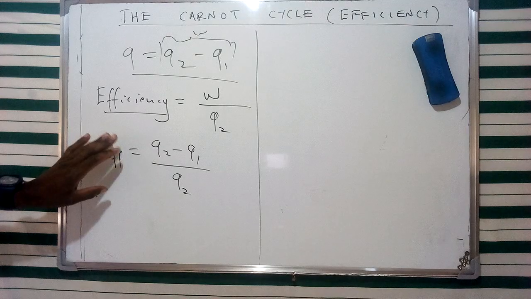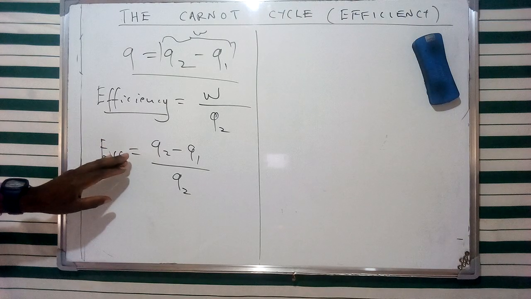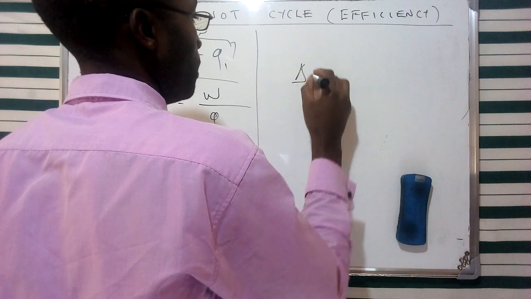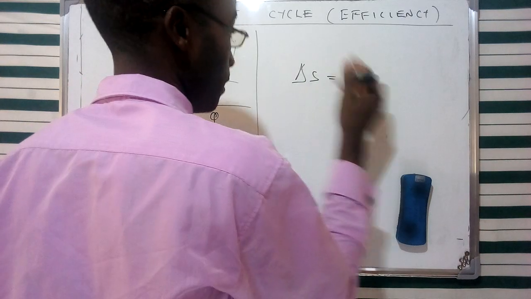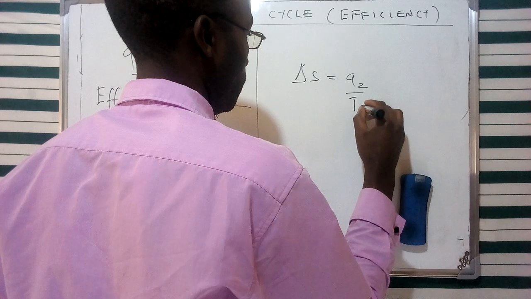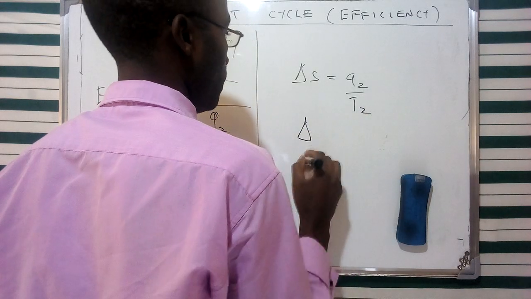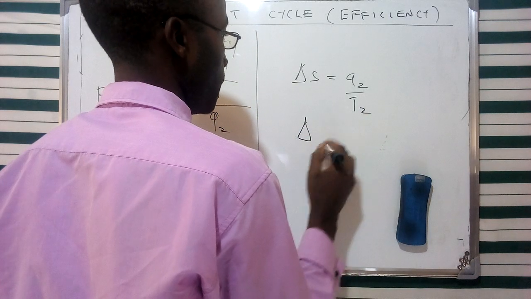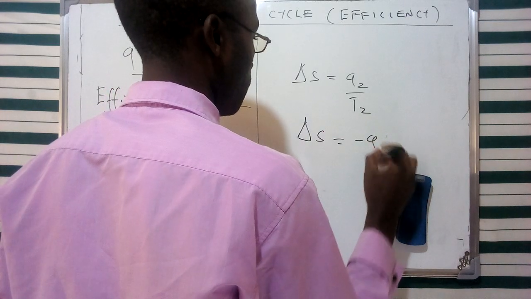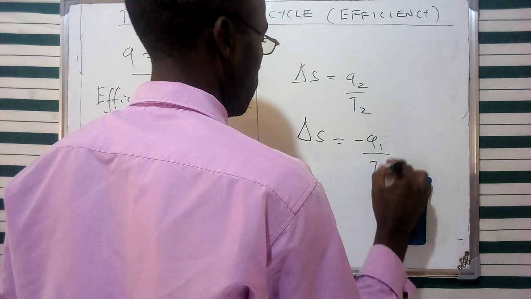The total change in entropy, of course. So I said that we had an entropy change for the first case given as Q2 over T2, and this is for isothermal expansion. And for isothermal compression, we're going to have negative Q1 over T1.